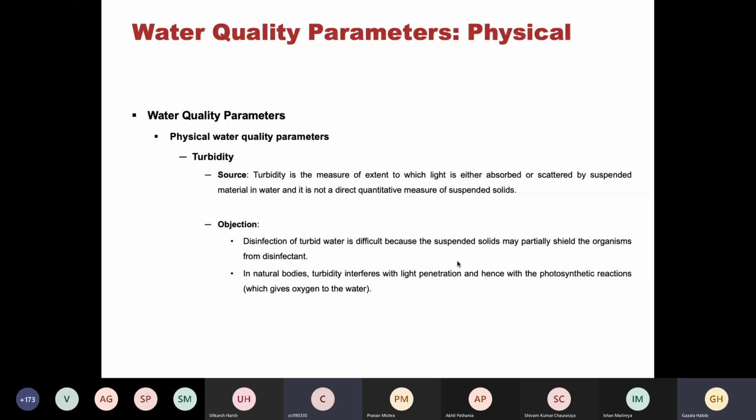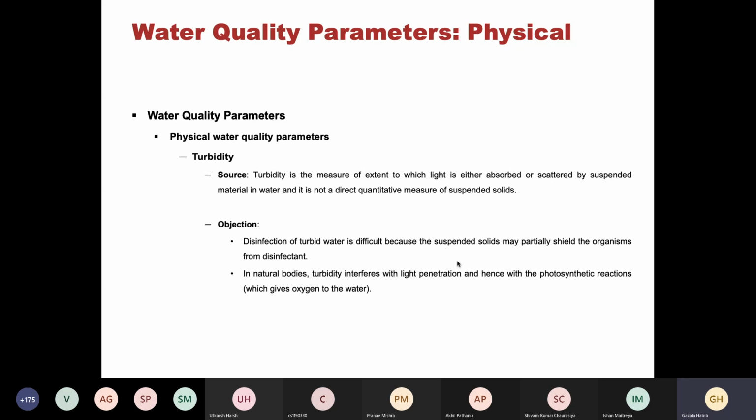Yes, it is objectionable to have suspended solid in drinking water, but once we know the suspended solid amount, as well as sometimes the size distribution of suspended solid, which can be determined by an equipment known as dynamic light scattering, DLS, one instrument that will give you even the size of the particle.